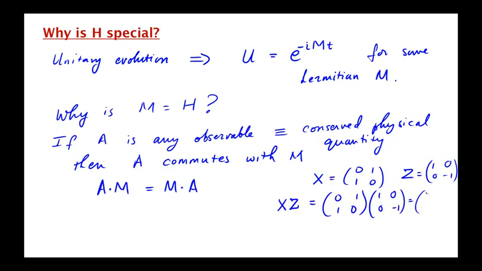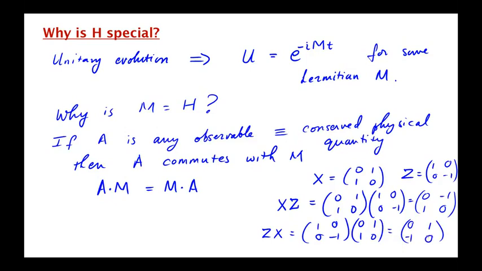You get [0, -1; 1, 0]. And what's Z times X? It's [1, 0; 0, -1] times [0, 1; 1, 0], which is what? [0, 1; -1, 0]. Right? These are not equal. So in general, if you're given two general operators, they will not commute.